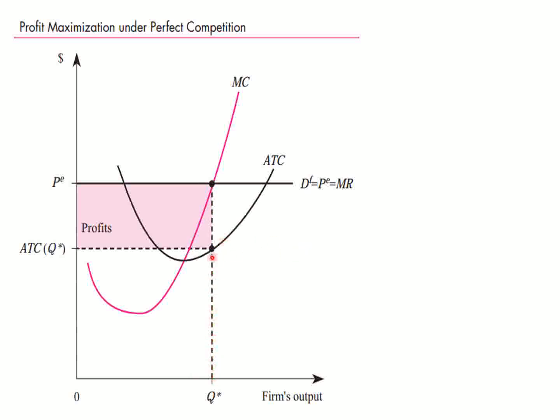And let's see the profit. The profit, as you know, is total revenue minus total cost. Or we can say it is the difference between the average total cost and the marginal revenue, or the price.